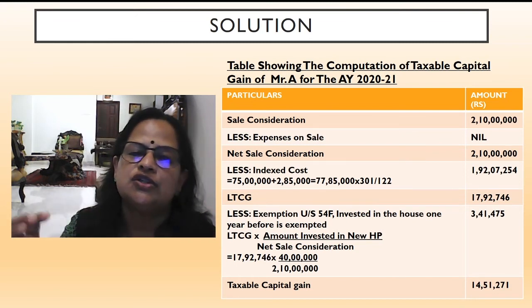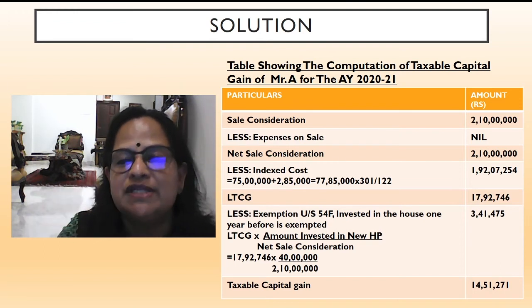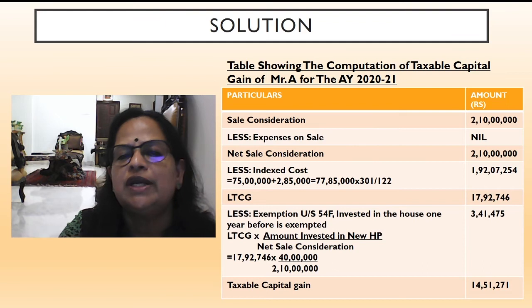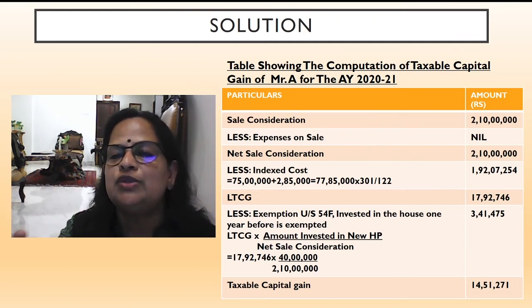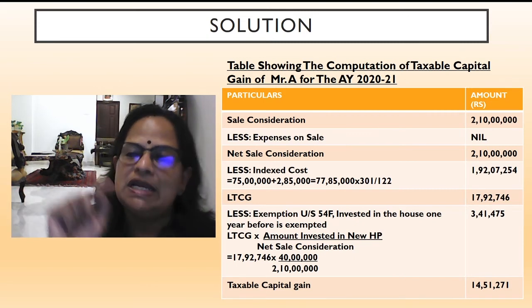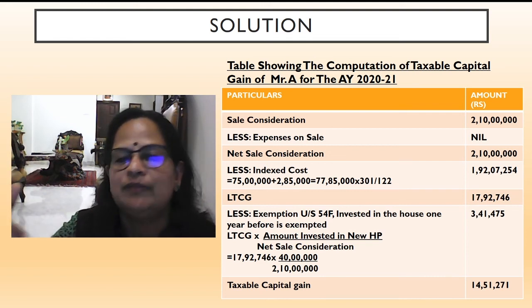Less index cost, 75 lakhs plus the registration charges, so 77 lakhs 85,000 into 301 divided by 122. You will get 1 crore 92,07,254. Now LTCG you will get, net sale consideration minus your index cost. So you will get 17 lakhs 92,746.